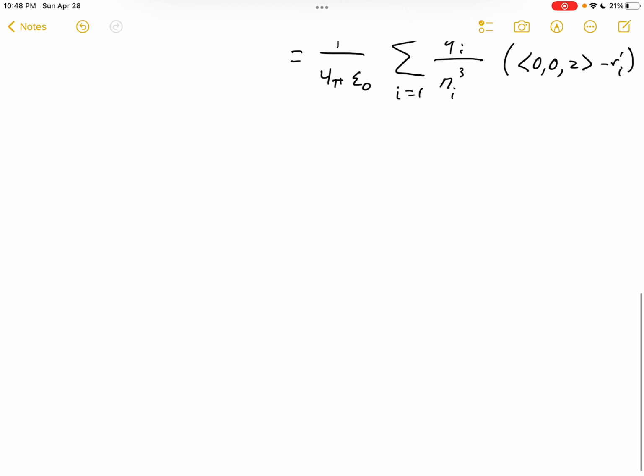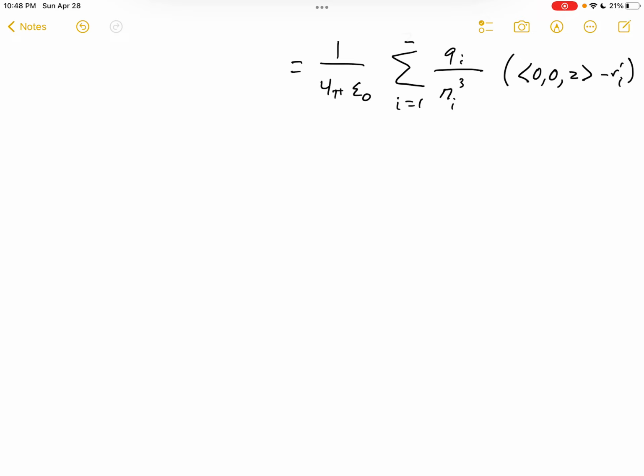So now we just want to expand the sum, plug in the vectors and simplify our results.